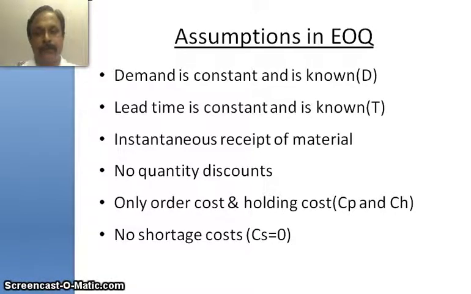Instantaneous receipt of material. There are no quantity discounts, means there are no discounts offered. We are considering only the ordering cost and the holding costs. We are not considering the shortage costs, or the stock out situation.